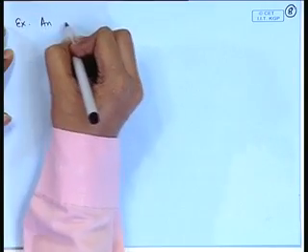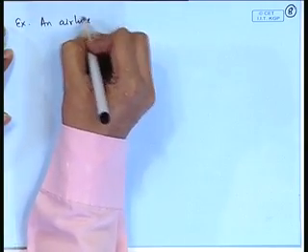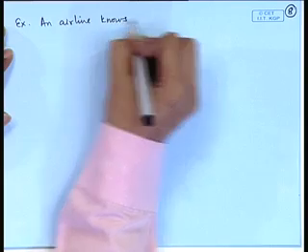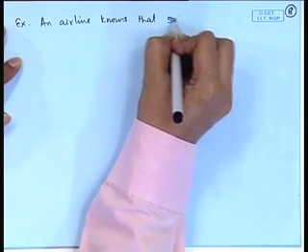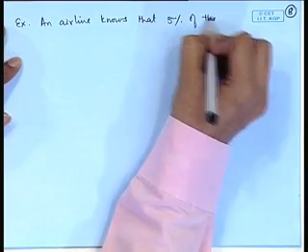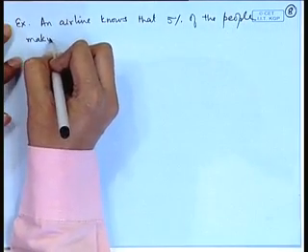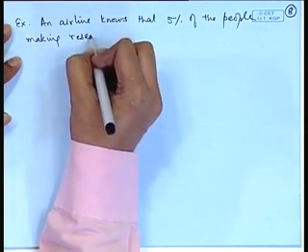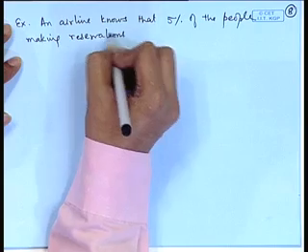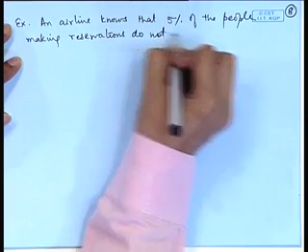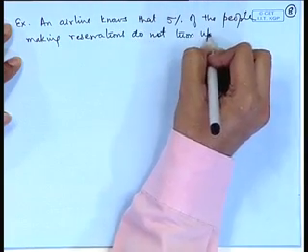Let us take one application of the binomial distribution. An airline knows that 5% of the people making reservations do not turn up for the flight.